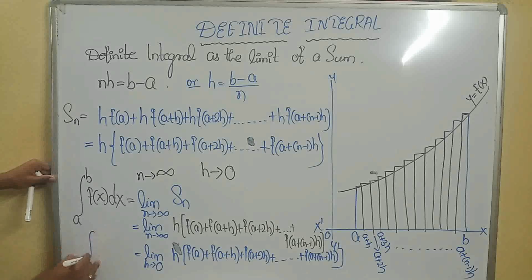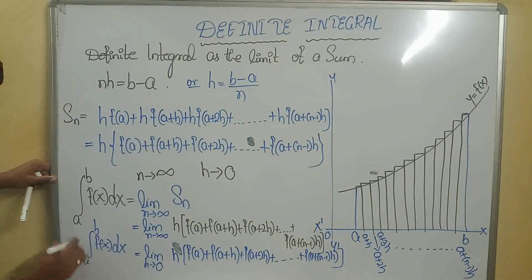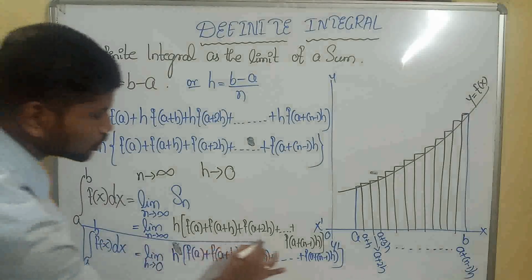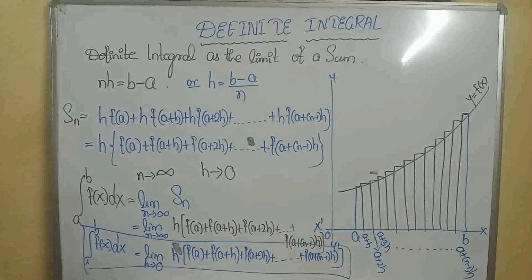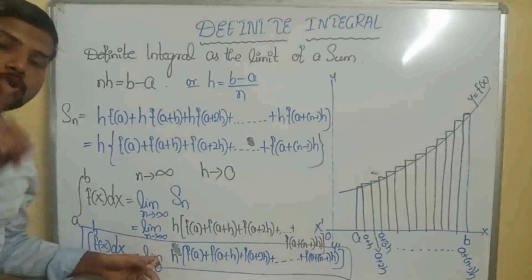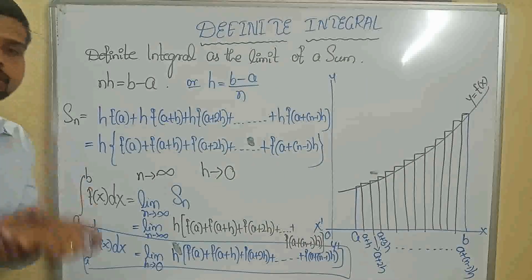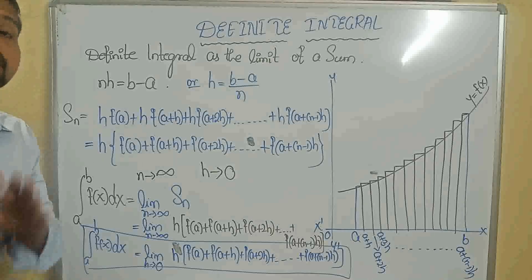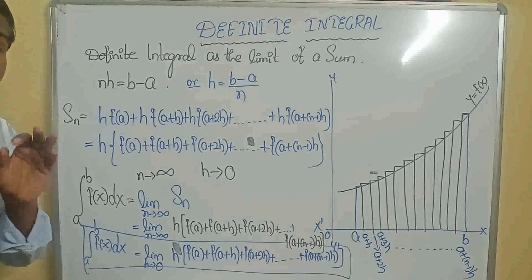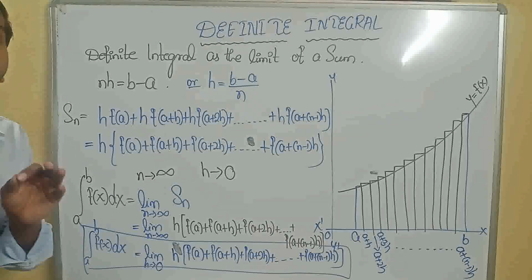Now the left hand side will be the integral from a to b of f of x dx. This is nothing but a definition to calculate, or evaluate, the integral. Whenever I use this definition to calculate the integration of a function, that is called integration from the first principle, or integration as limit of sums.